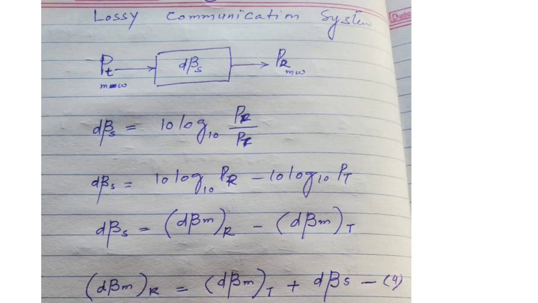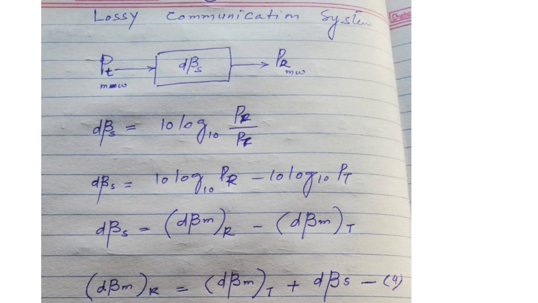Now, let us consider a lossy communication system. The block represents a communication system, and PT, which is the input power, is in milliwatt, and PR, which is the output power of this communication system, is in milliwatt as well.